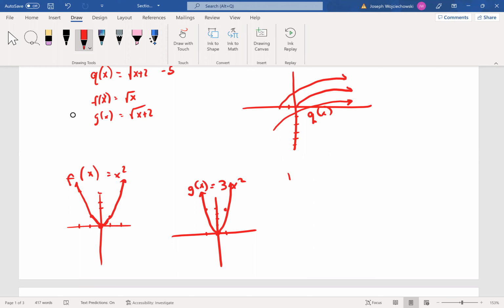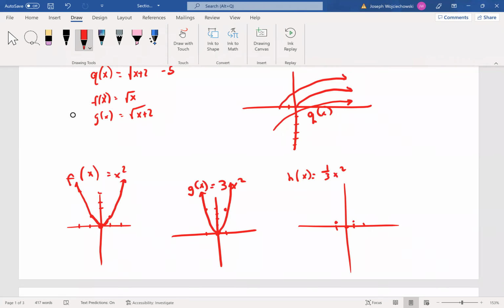So let's look at h of x equals 1/3 of x squared. Okay, let's look at this one. Again, 0, 0. Now when x is 1, y is 1/3, and for negative 1, 1/3.